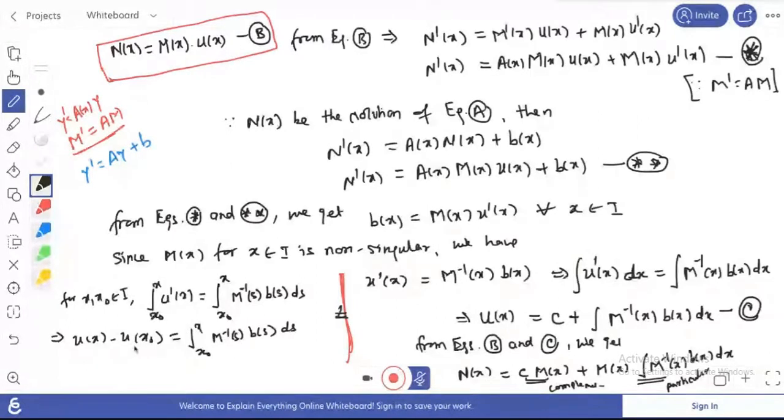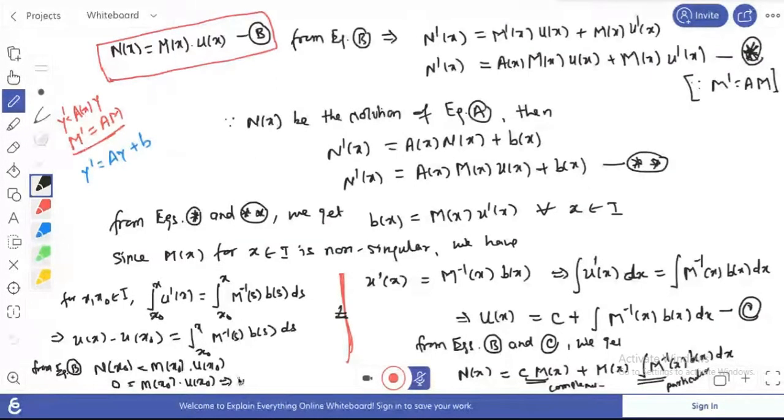And now what initial condition are we using here? From equation B, you have x of x0 equals m(x0) u(x0), and what is the value of n(x0)? n(x0) is 0, already given at the start. Since m is the fundamental matrix, m(x0) is non-zero, and the product of these two is 0.